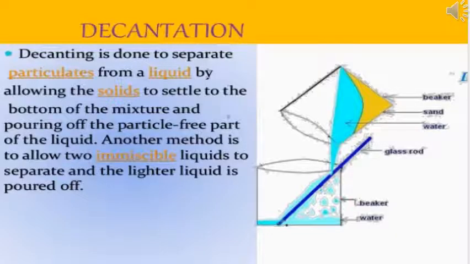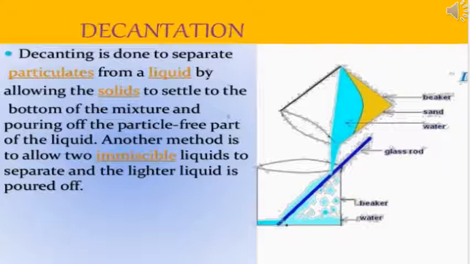Decantation is done to separate particulates from a liquid by allowing the solids to settle to the bottom of the mixture and pouring off the particle free part of the liquid. Another method is to allow 2 immiscible liquids to separate and the lighter liquid is poured off. Immiscible means incapable of mixing, like water and oil.